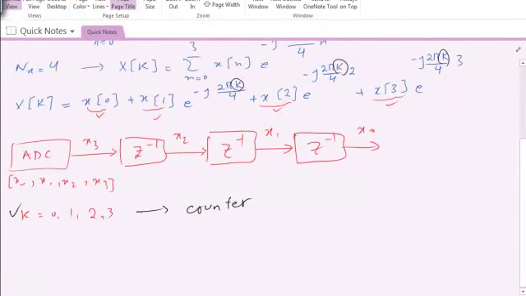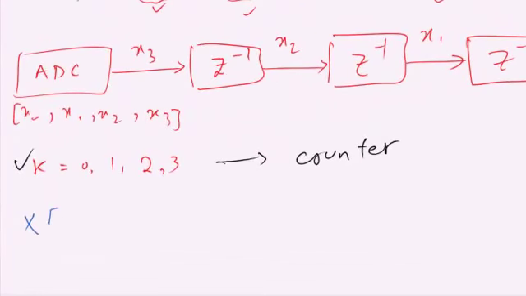To give you an example, I'm going to calculate the coefficient for k equal to 1. I have to use this formula and just sub k equal 1 in the formula.